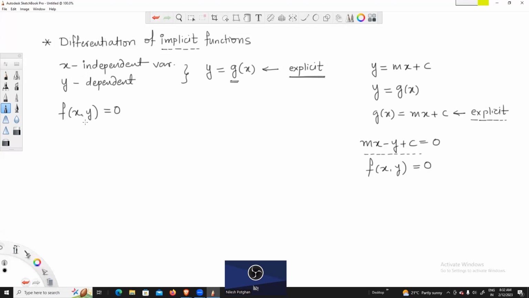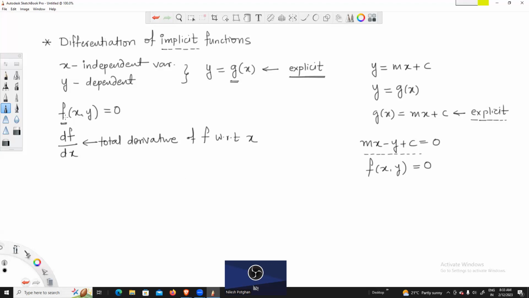Now, x being the independent variable, suppose I take the differentiation of this function f with respect to x. Then the total derivative of this function f with respect to the independent variable x can be written as df upon dx. This is the total derivative of the implicit function f with respect to the independent variable x.